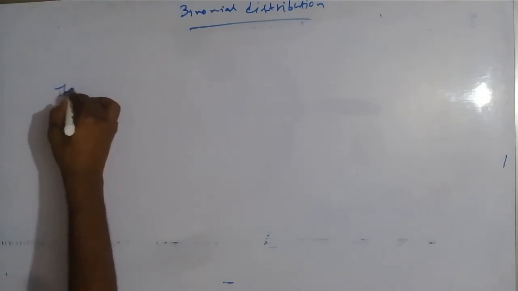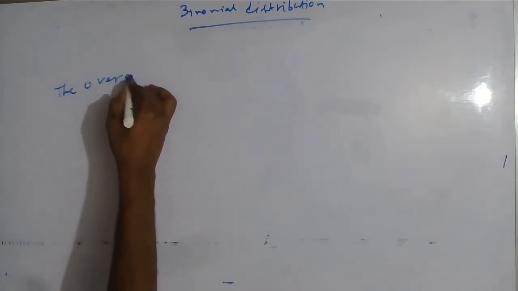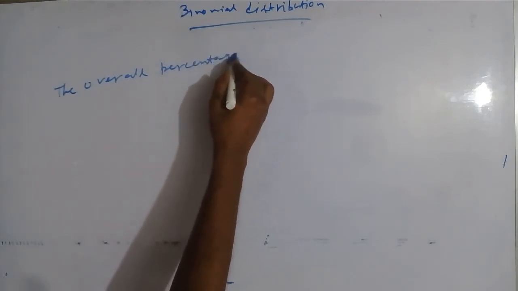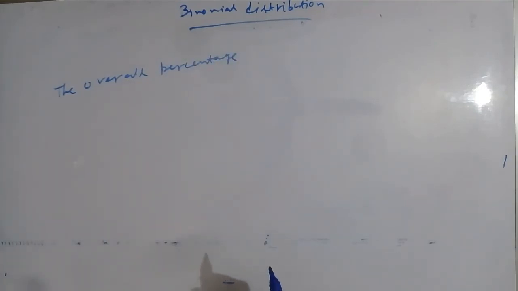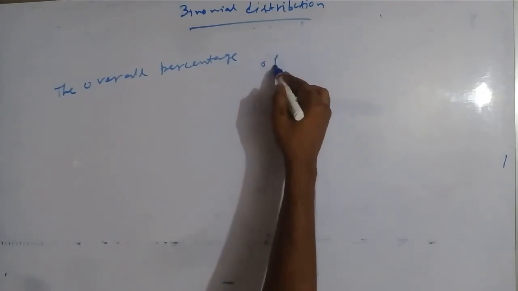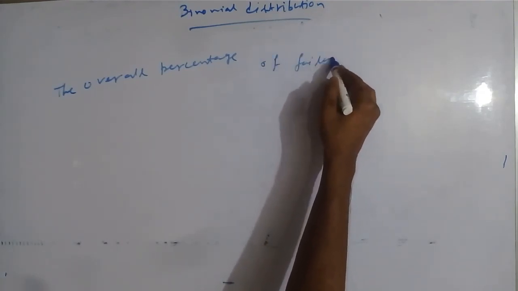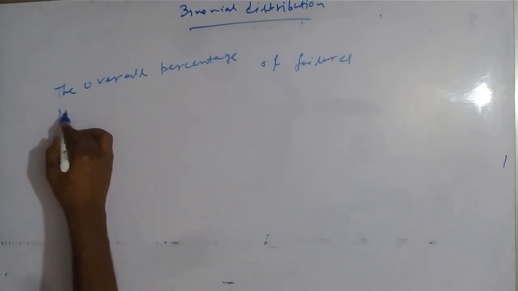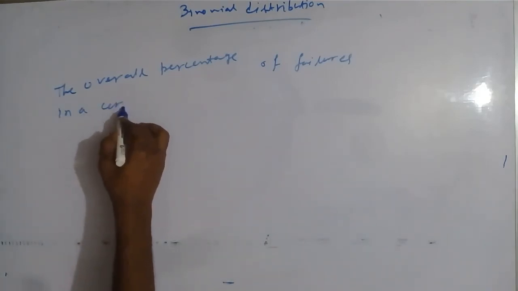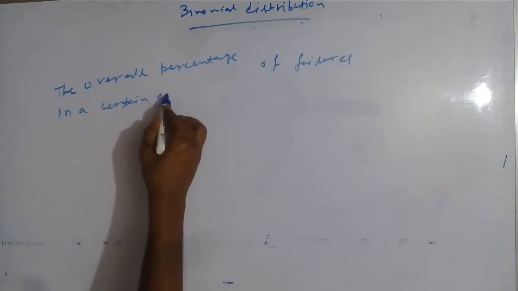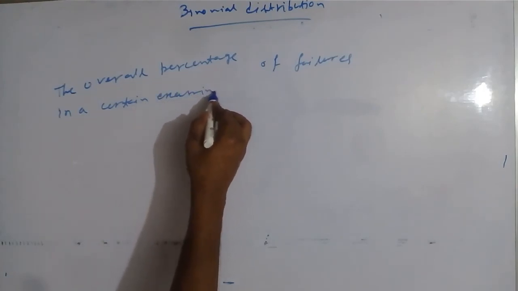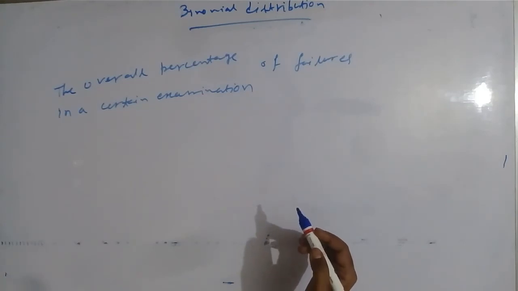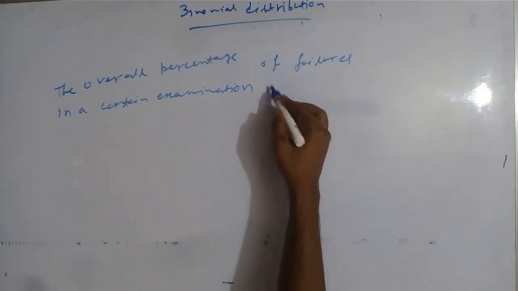The overall percentage of failures in a certain examination is 40.